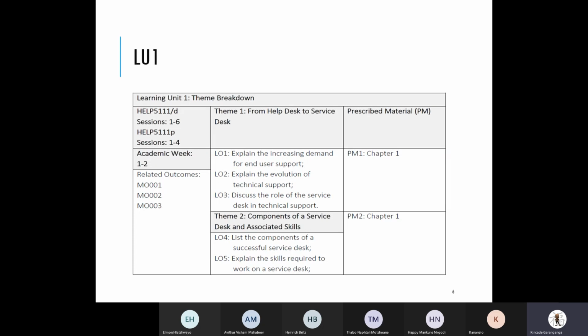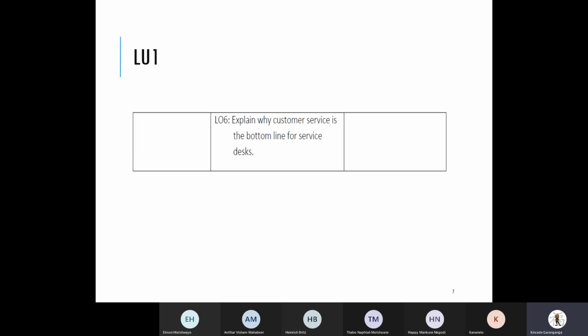The second theme looks at the different components of a service desk and the associated skills that are relevant. What are the components that provide for a successful service desk, and what skills are required in order for you to work at a service desk? And then the last part looks at why customer service is the bottom line of a service desk environment.